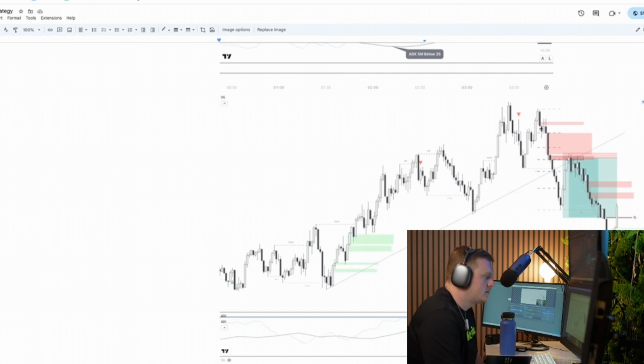Change of character would actually be further back, right here. That would be where the change of character actually is. It broke as low with the second touch point on the trend line.